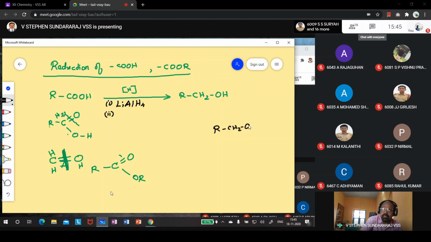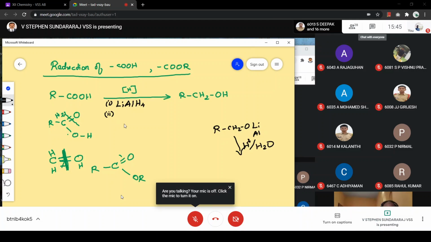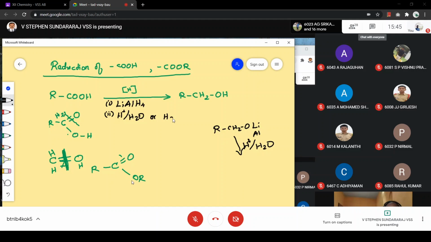RCH2O-Li or RCH2O thrice Al will be there. So for that, what you have to do? You have to do hydrolysis, acidification. So the second step is H plus slash H2O, or you can use the symbol H3O plus. This is also acid hydrolysis. Okay, so this one is the first step, two is the second step.